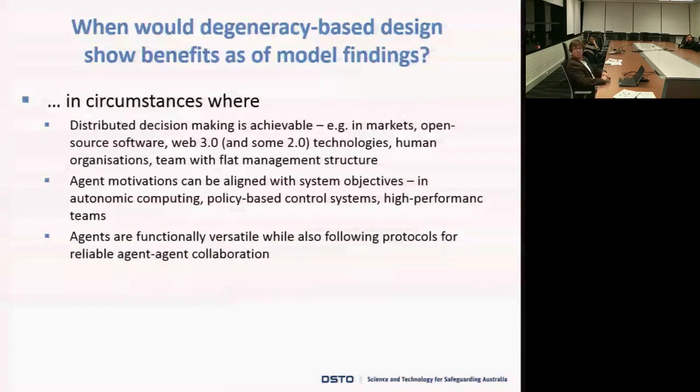The second thing that we use in the model is that you're more likely to see benefits of degeneracy-based design when your agent motivation can be aligned with your overall objectives.